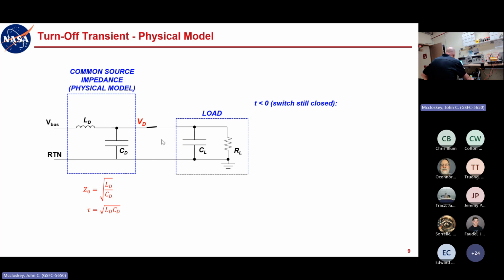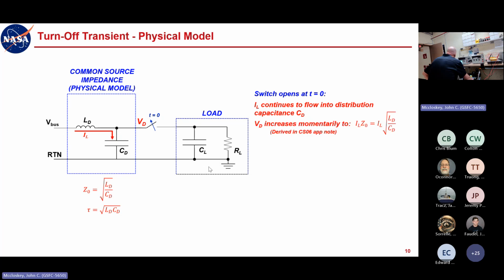We're still in our steady state. Well, we have that load current flowing through our source inductance still, right? If it's steady state current, basically all that current's flowing through the inductance. Now we throw the switch at T equals 0, and here again, that current is still going to flow through that inductance through whatever path it can find. And if all that's there is this distribution capacitance, that's where it's going to go.